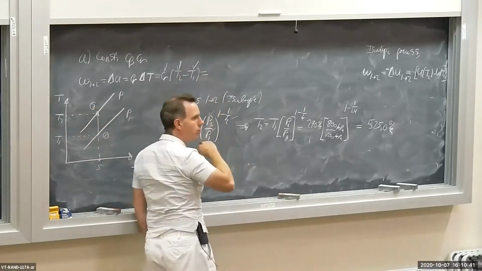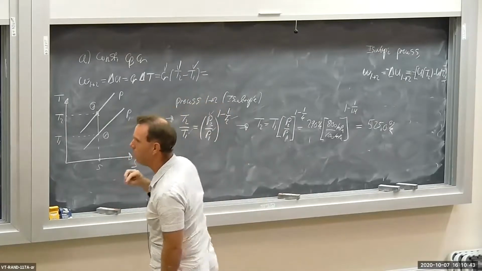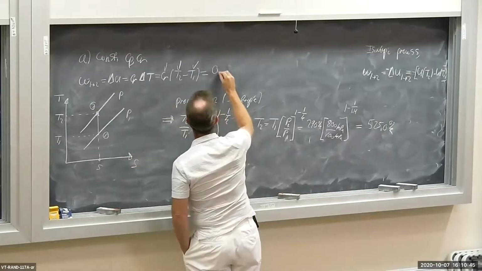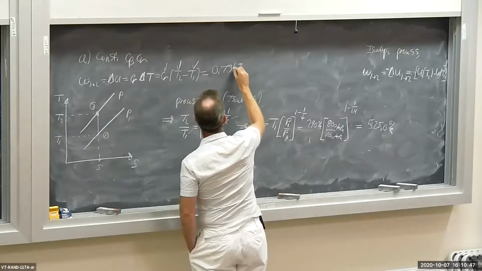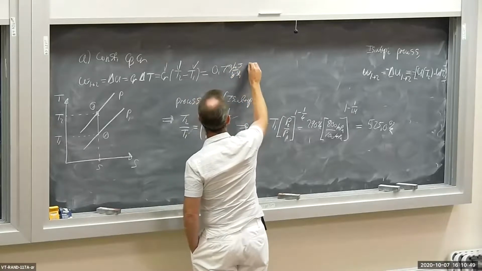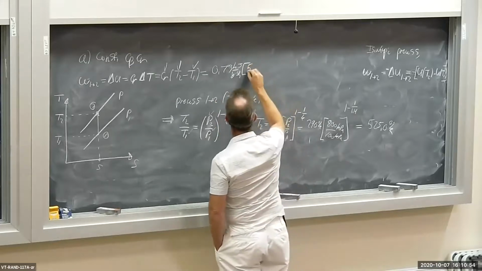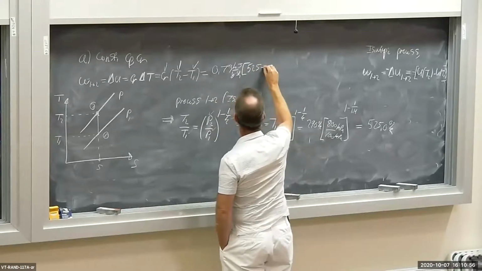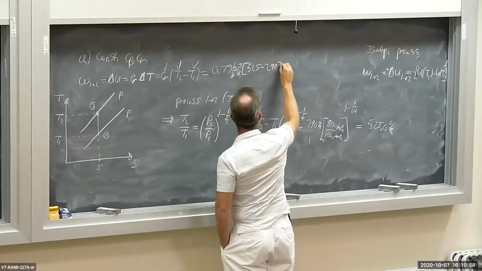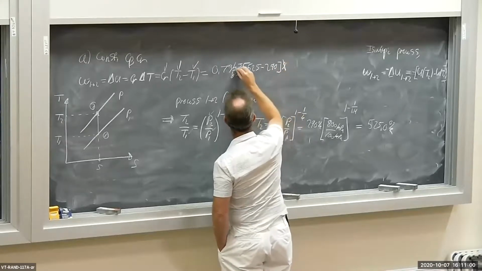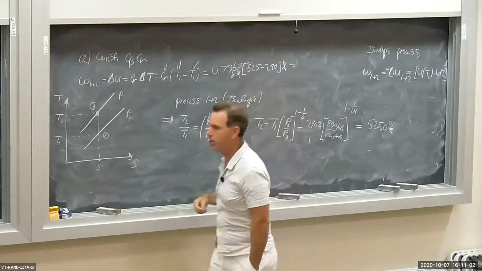All I need to do is plug in. CV is 0.73 kilojoule per kilogram Kelvin. And then I have 525 minus 290 degrees Kelvin. The Kelvins cancel out and I get kilojoules per kilogram.